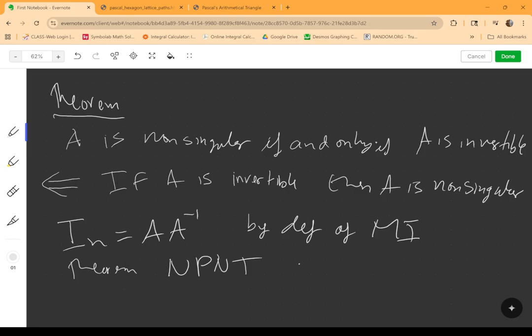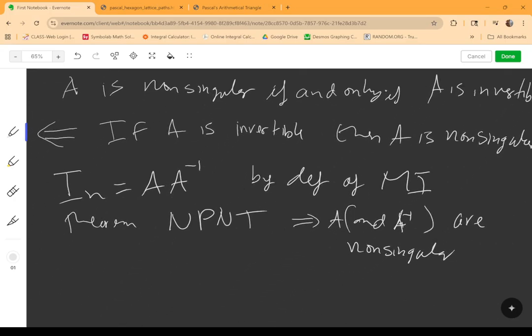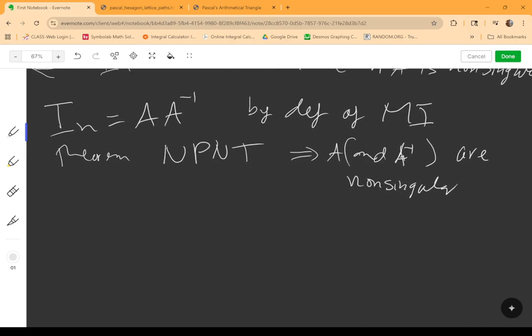So Theorem NPNT tells me that A and A inverse, both of those, are non-singular. Okay. So that one's it, right? That one was quick in this direction.